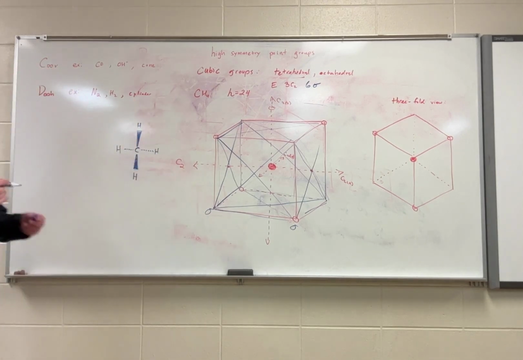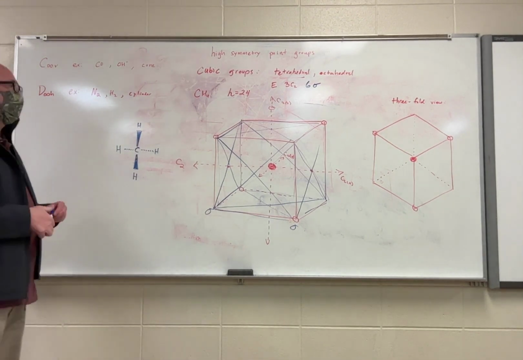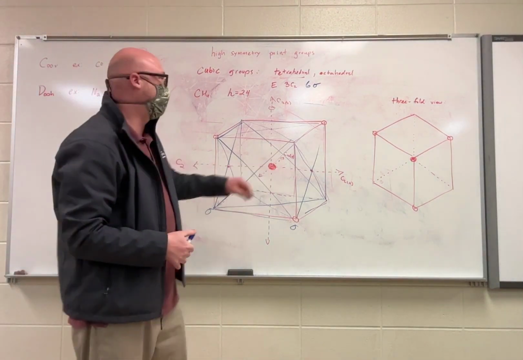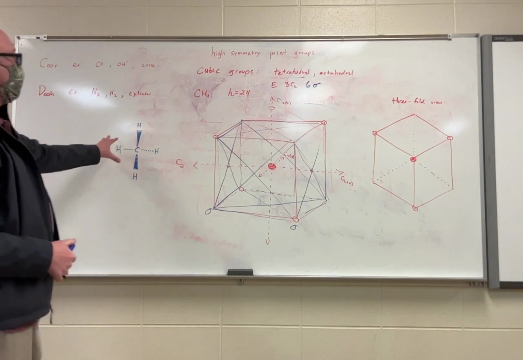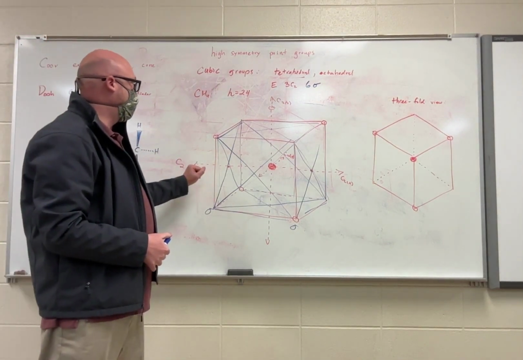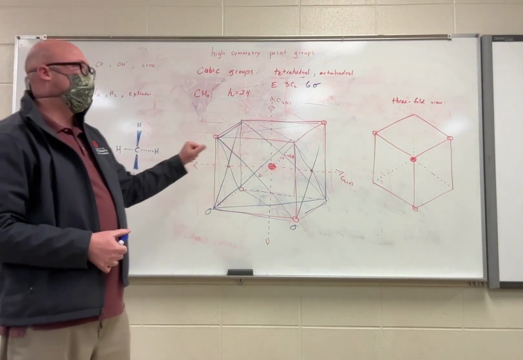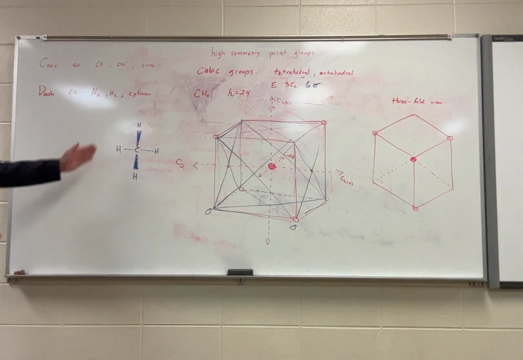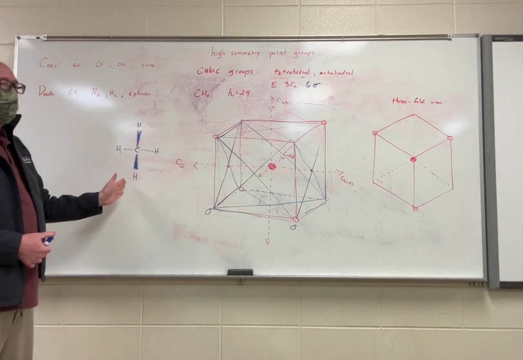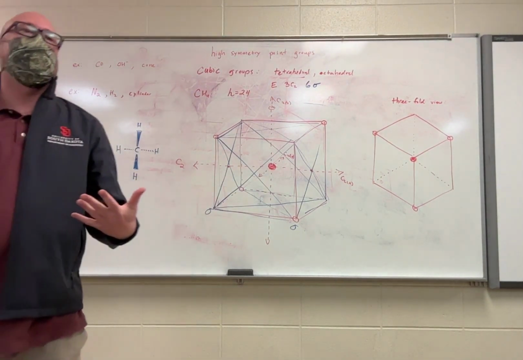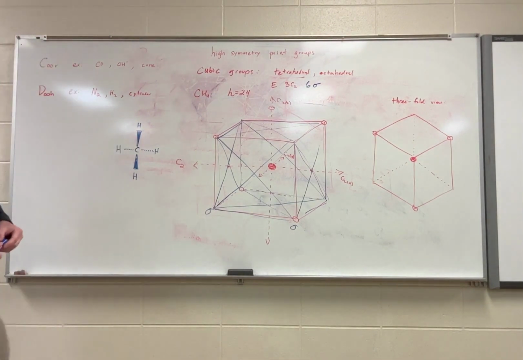That's really easy to see, right? It's probably easier to see than this view. And if you imagine that the tetrahedron has 6 edges, and each one of those planes is basically an edge, you'll see that you have 6 sigma planes of reflection.